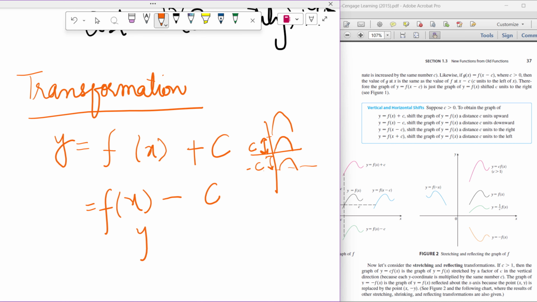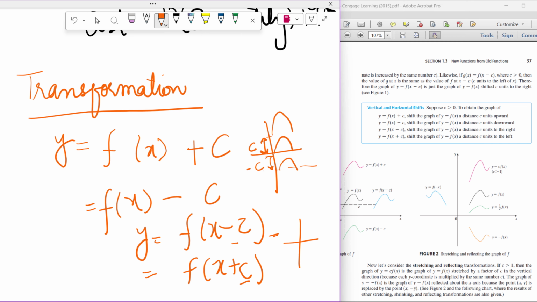Similarly, if I write y is equal to f of x minus c, it means the graph moves toward the right by a distance c. And if I write y is equal to f of x plus c, it means the graph of f of x will shift by a distance of c but towards the left.